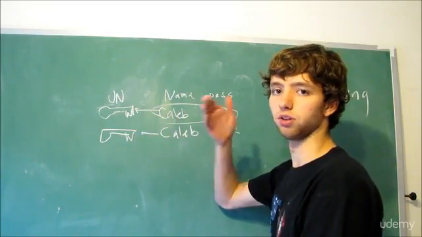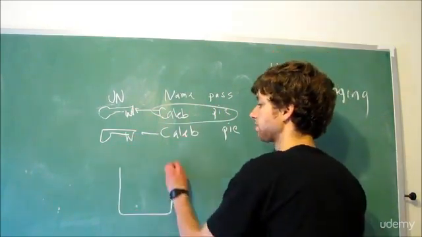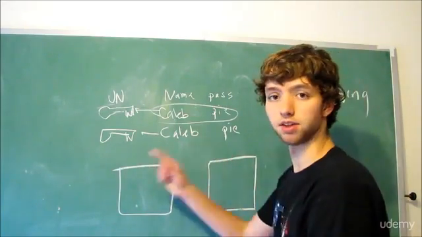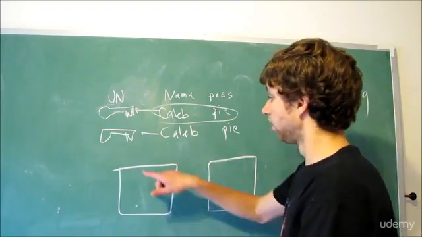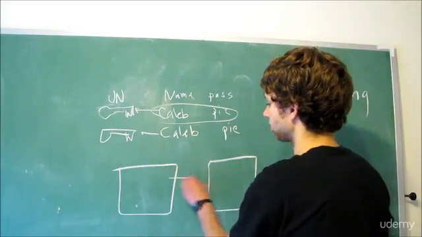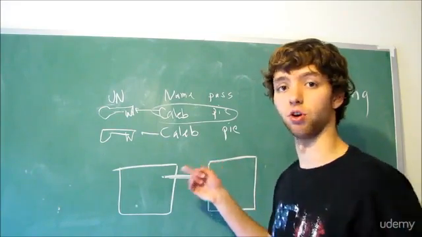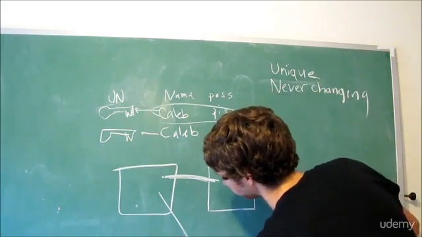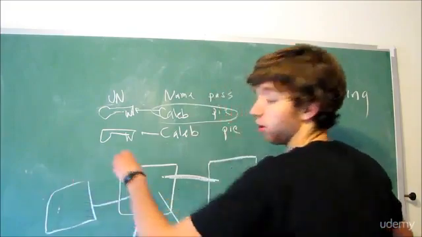Well, if we can change it, it questions the integrity of our database because between tables, we connect things by keys. So let's say this is a user table, this is a comment table. If we have it to where we can change the key, well then you're going to have to update this connection all of the time. Now if we have 50 tables connected to this user table, I'm just going to draw 4, just to make it simple. I won't draw all 50.